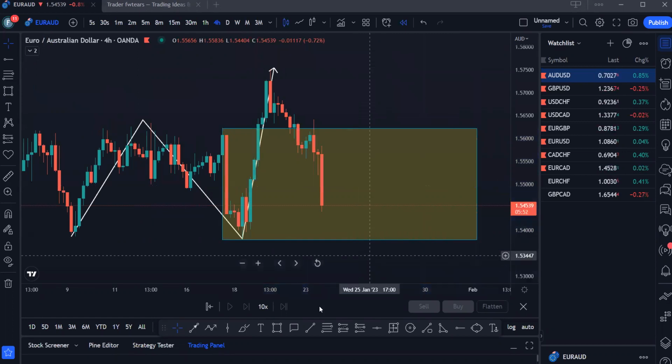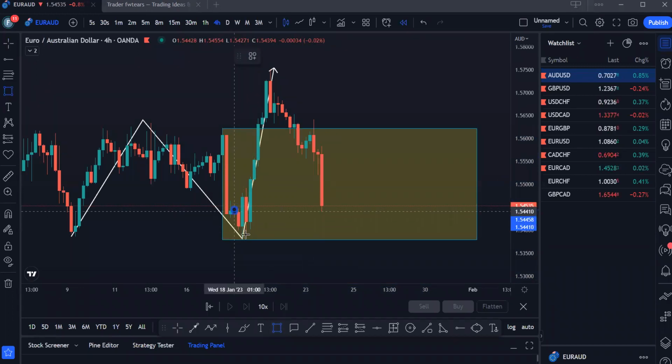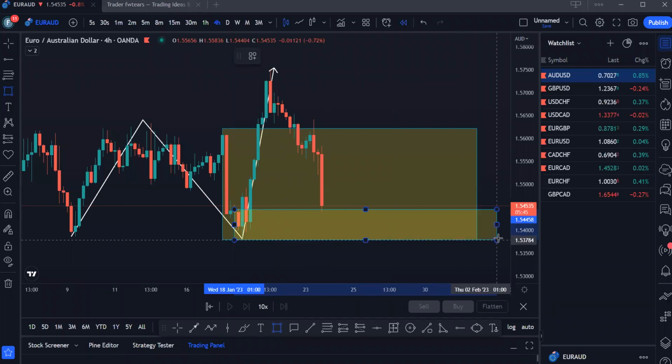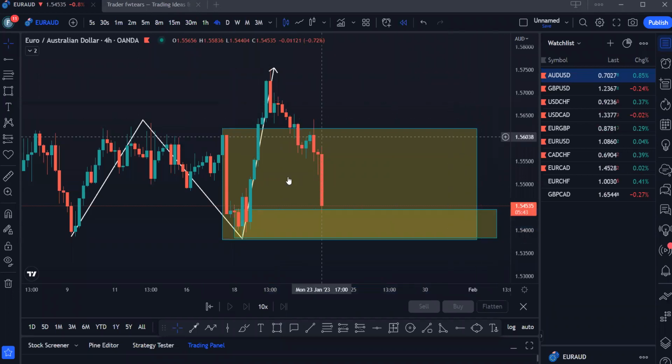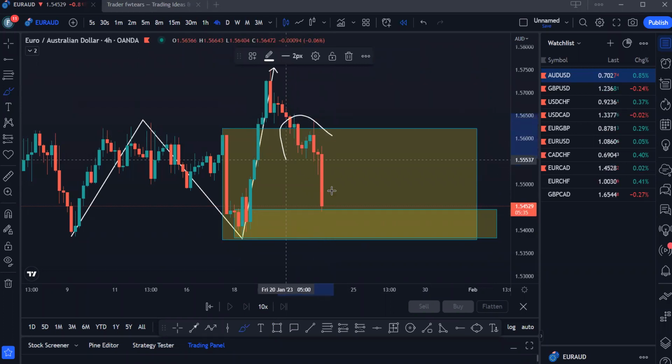If you are only considering the extreme, like so, a lot of times there are times that in the demand range there won't be liquidity grabs.